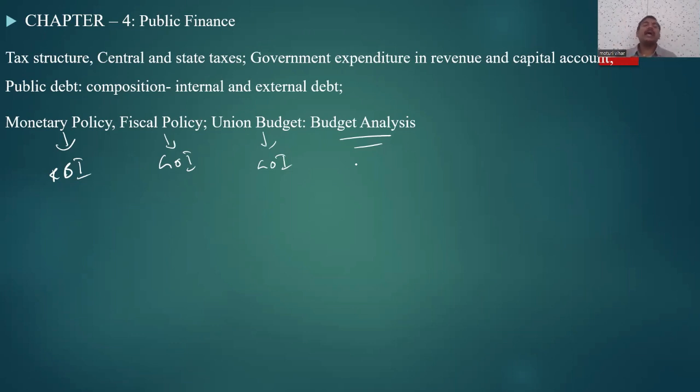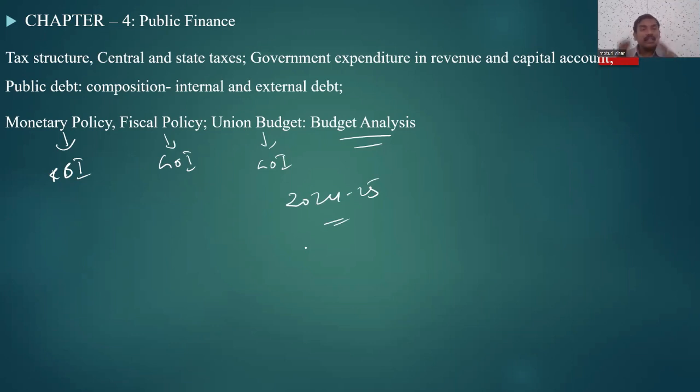We'll focus on the present monetary policy, the present fiscal policy, and the budget. Speculation is that in July the government will announce the budget for the year 2024-25. We will discuss that budget analysis also.